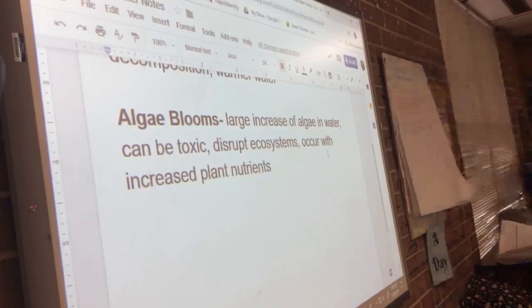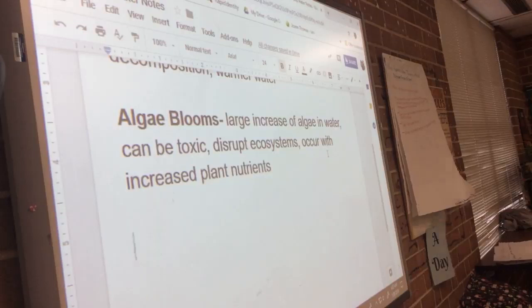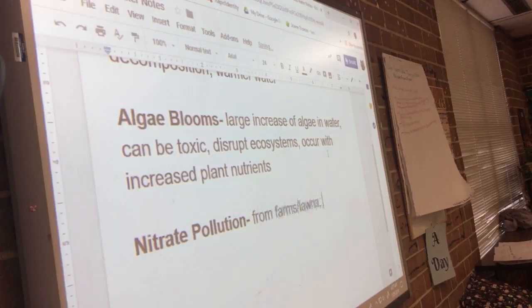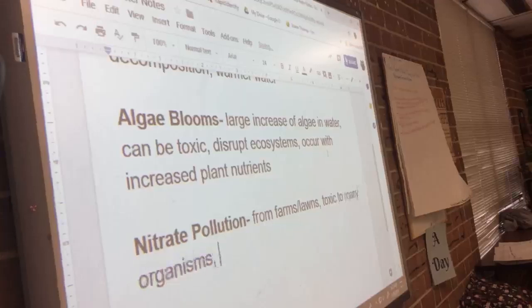All right, too much nitrates in a farm. I will say nitrate pollution from farms and lawns. It says it can restrict oxygen in the bloodstream, so it can be toxic. We'll sum that up and say toxic to many organisms.